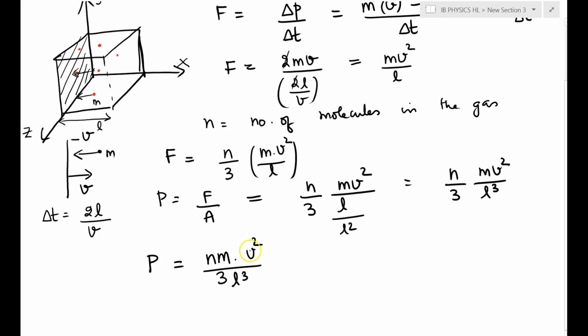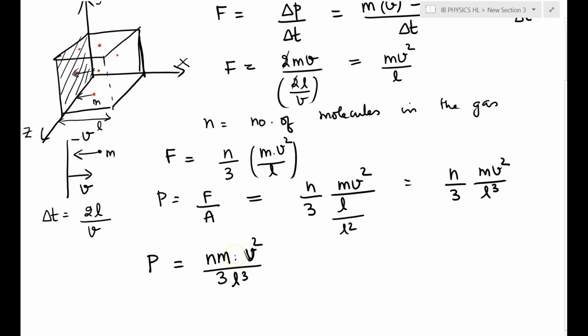But before that, are all the molecules moving at the same speed? No, we talked about how the speeds of the molecules in a gas is like a distribution ranging from really low speeds to very high speeds. So therefore, instead of writing the speed as v in this equation, we must replace the speed by the average of all the speeds.